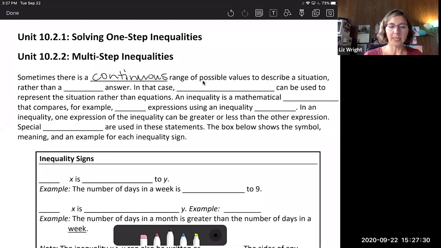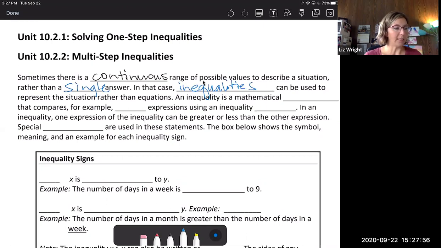All right, so sometimes there is a continuous range of possible values to describe a situation rather than a single answer. In that case, inequalities can be used to represent the situation rather than equations.